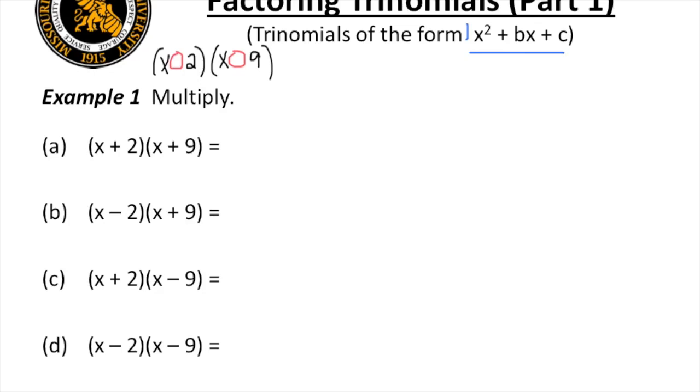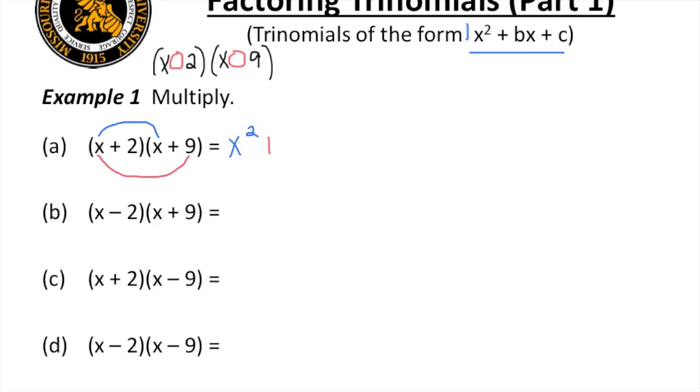Applying the distributive property, we will begin by multiplying the first 2 terms in our binomial pair. So we have x times x, which gives us x squared. We then move to multiplying the outer terms. The first term of the first binomial, the second term of the second binomial.